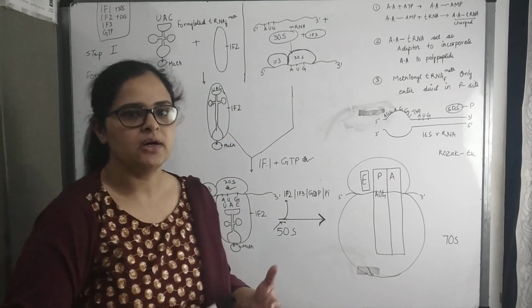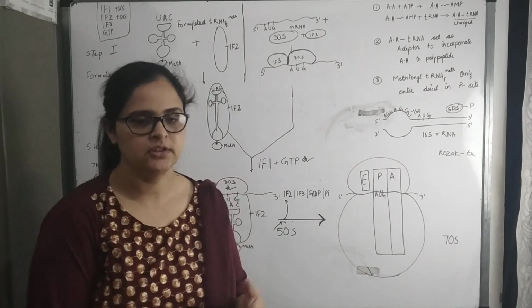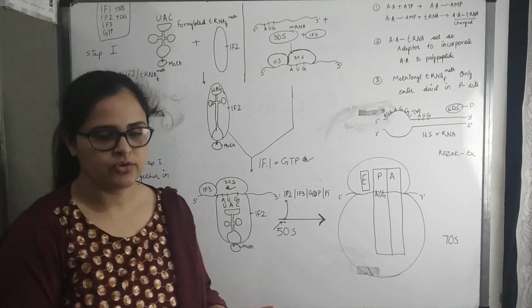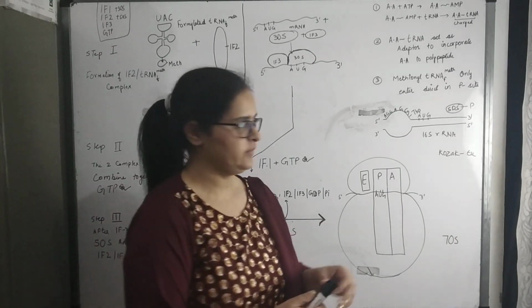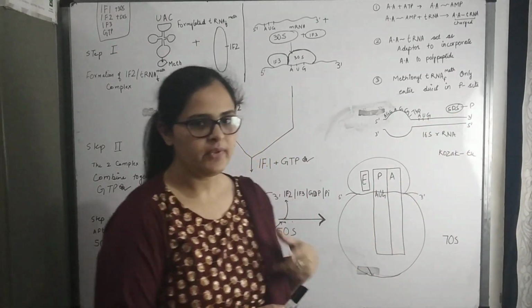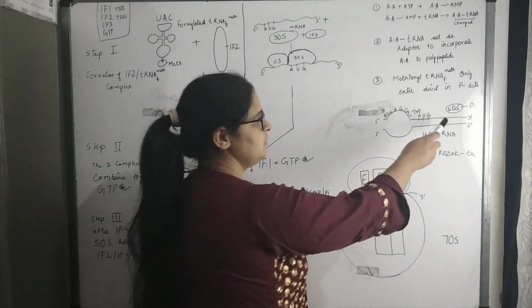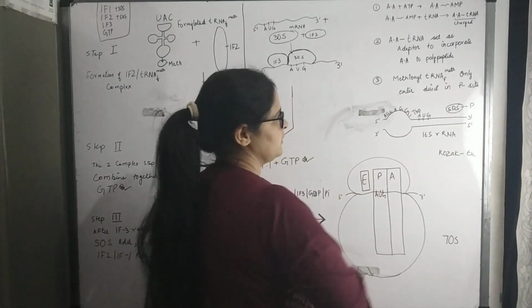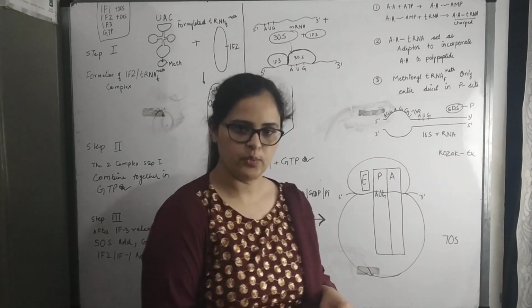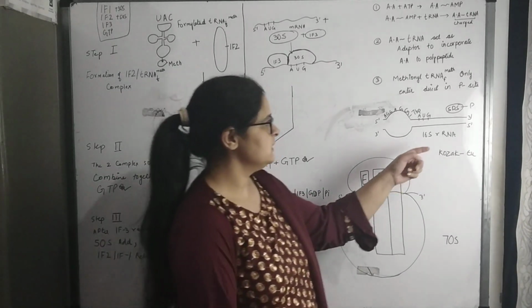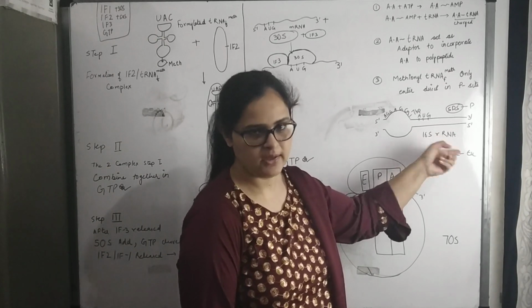So there are some other important factors, other important information which I want to share with you: the Shine-Dalgarno sequences, SDS. Shine-Dalgarno sequences is one of the important sequences present in 16S ribosomal RNA.